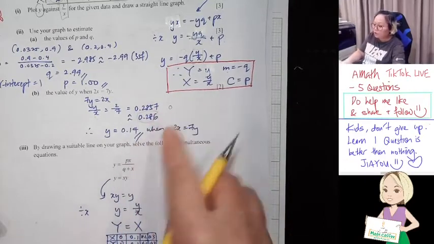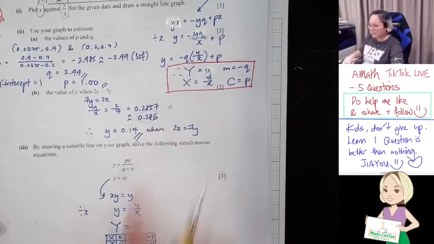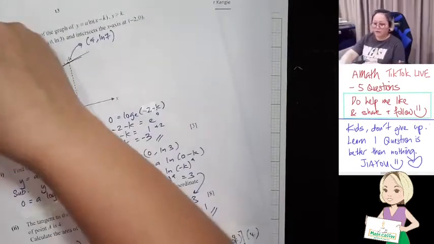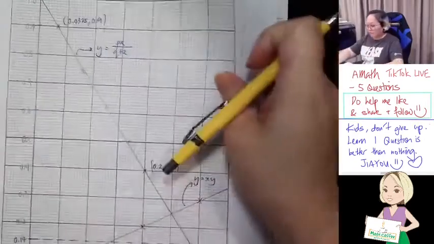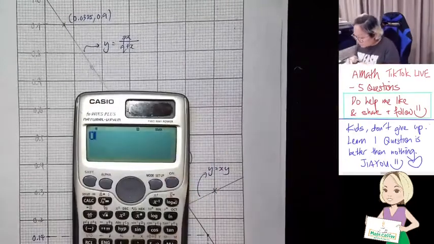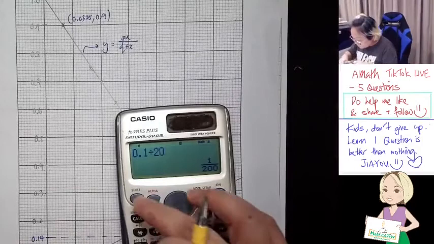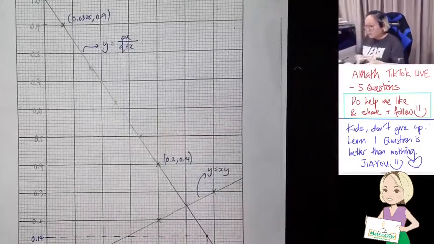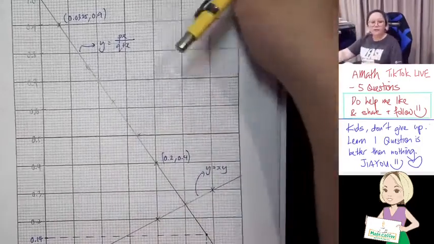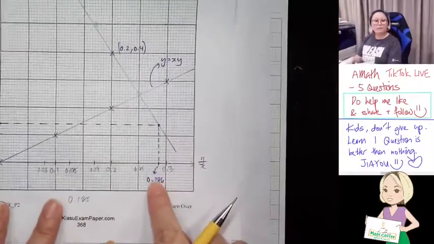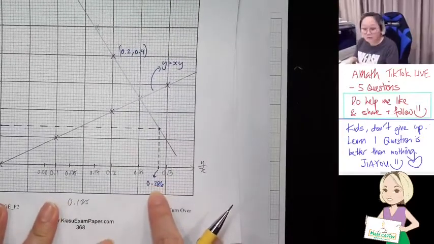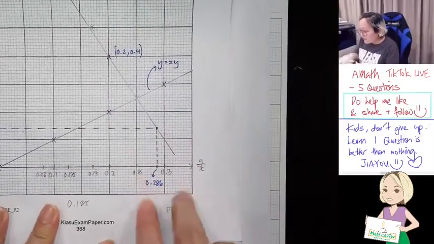It means that I need to go to my graph and find 0.286. Each small square is 0.1 divided by 20. So where is 0.286? Difficult, right? But I know it's definitely after 0.2.